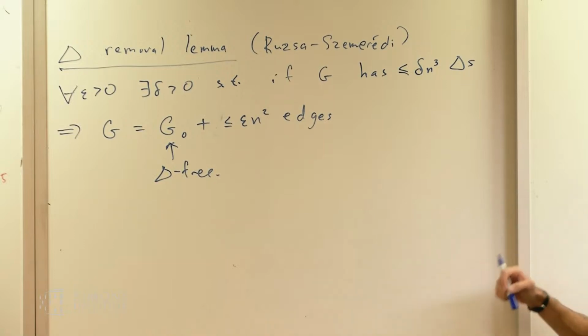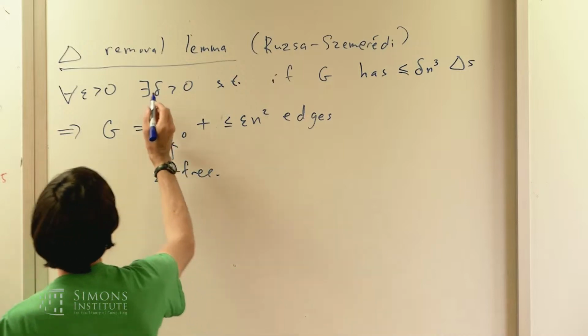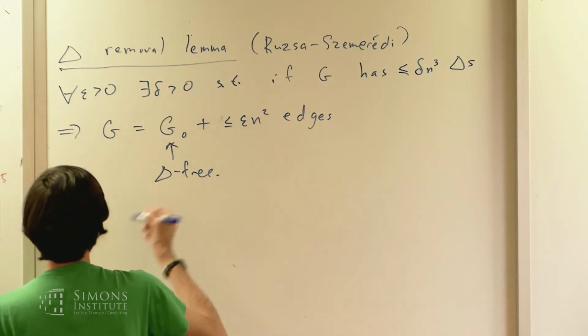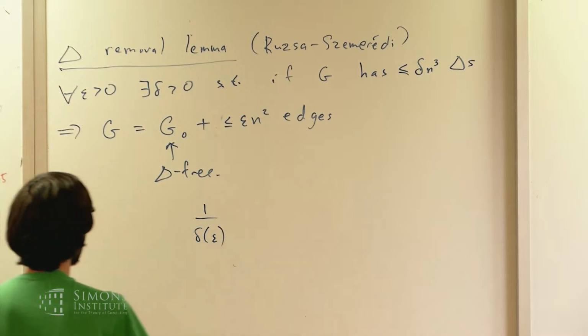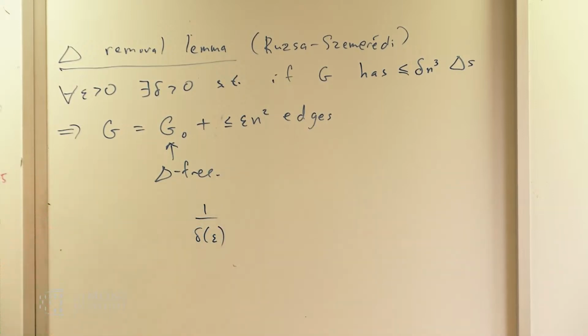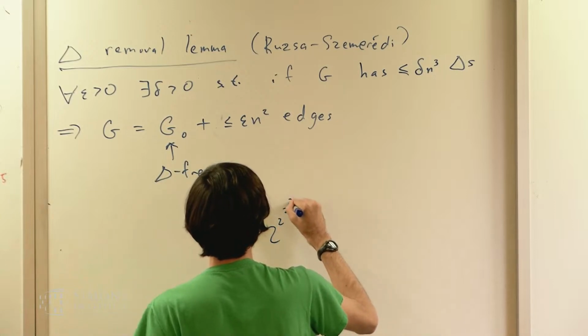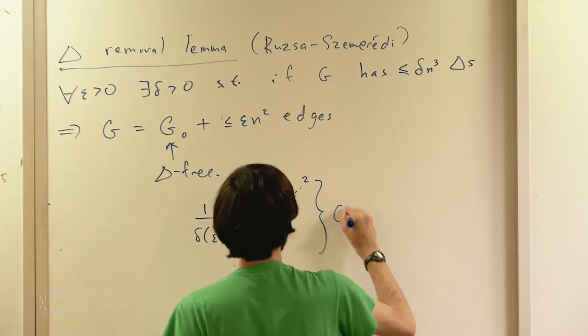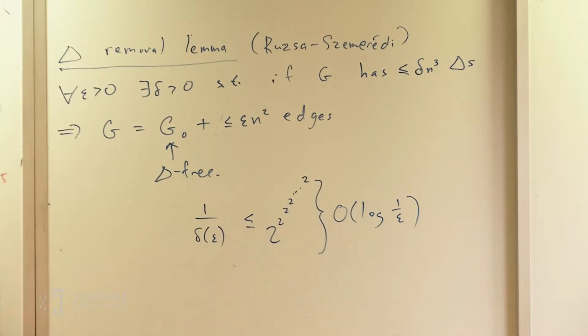So one thing that we don't know, that's a major open problem, is determining the optimal dependence of delta. We know that 1 over delta is upper bounded by a tower of 2s whose height is logarithmic in 1 over epsilon. That's a theorem of Fox.